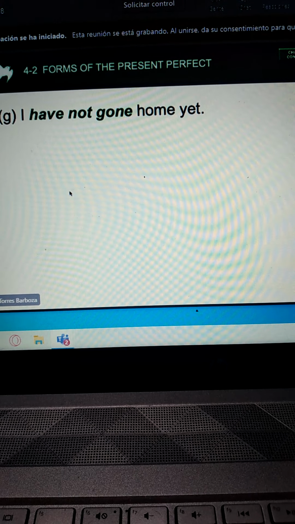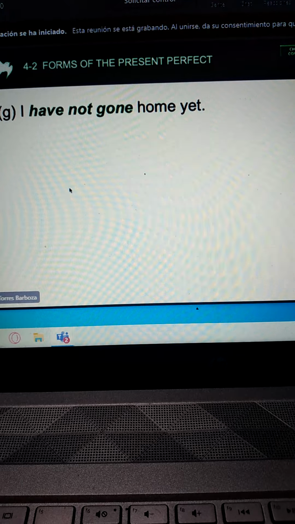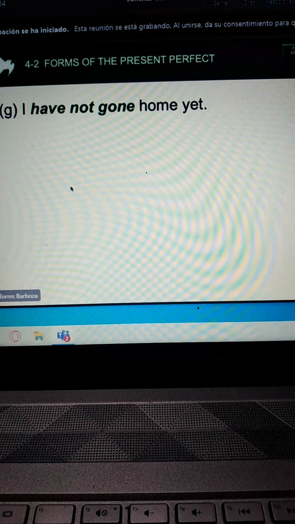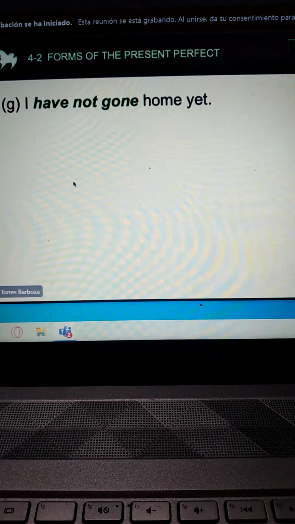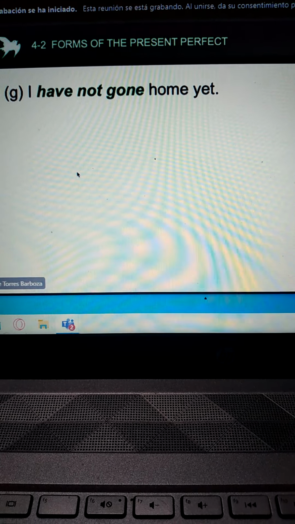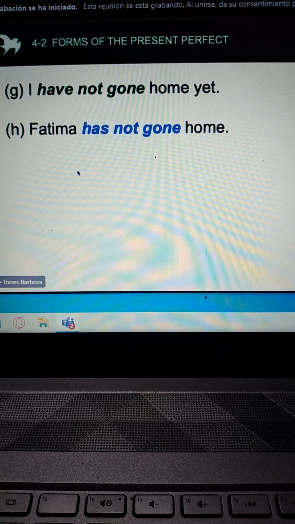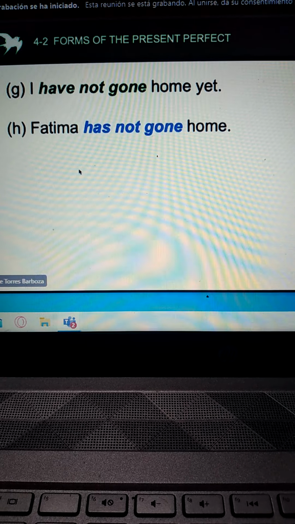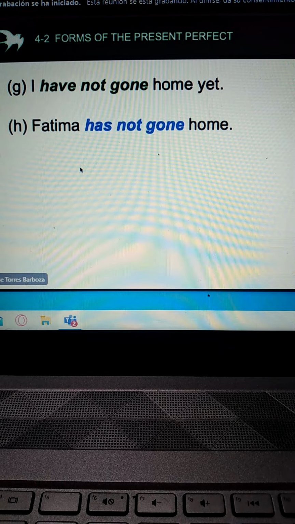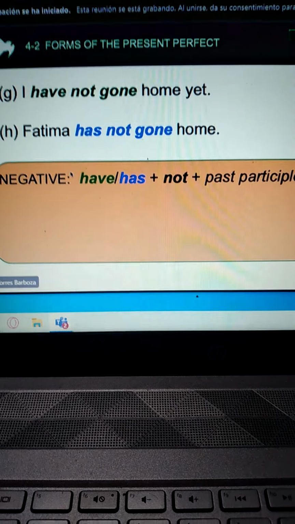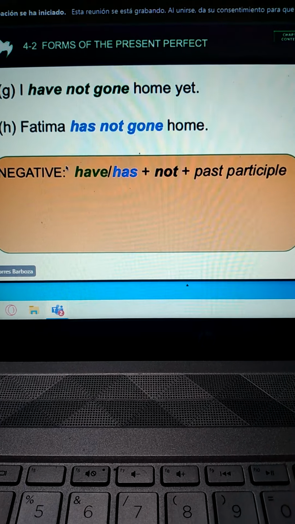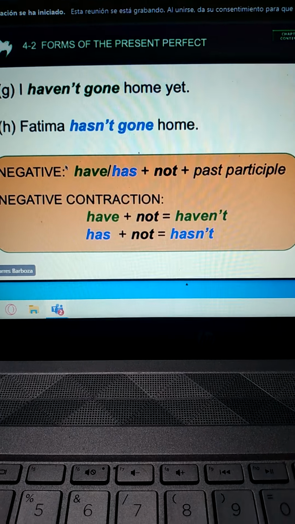What happens with negative sentences? With negative sentences, we're going to use have not or has not, depending on the pronoun. Or also, I can use contractions. I have not gone home yet, or Fatima has not gone home. Look at the formula: have and has, not, and past participle.